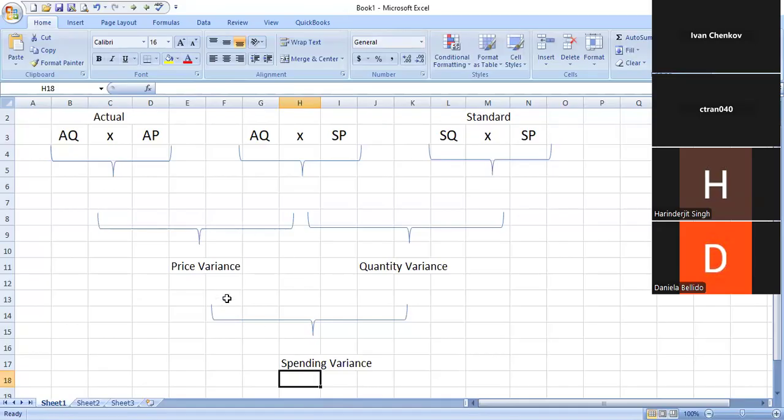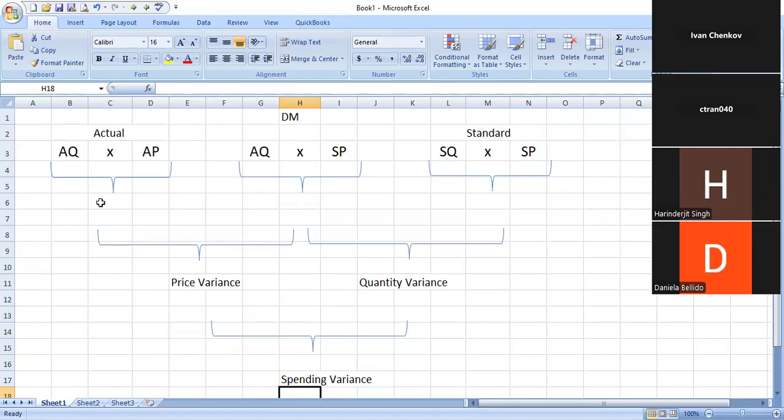So what we have to understand: the actual cost is actual quantity times actual price. Standard cost is standard quantity times standard price. In the middle, we're going to have a calculation that gets something from the actual, which is the actual quantity, and something from the standard price.